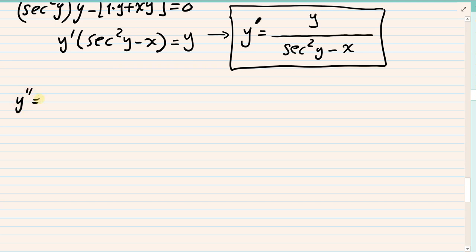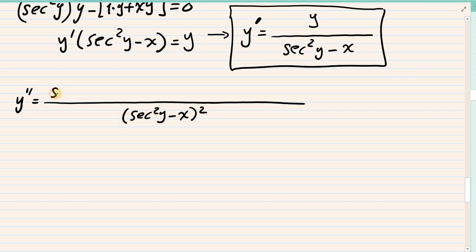Y double prime is going to be, so we're going to use the quotient rule, right? And we're going to square the denominator. That's secant squared y minus x, quantity squared. Repeat the denominator, secant squared y minus x, times the derivative of the numerator, which is going to be y prime, right?